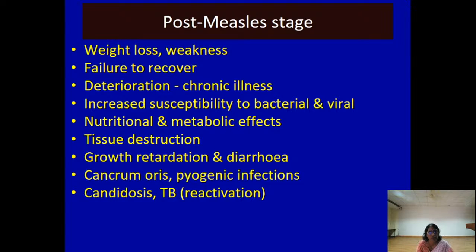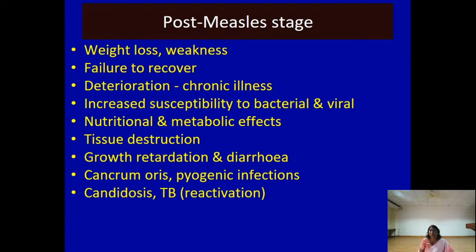Post-measles stage: after the rash disappears and the child is out of the disease, in this stage you see that the child has loss of appetite, loses weight, becomes weak, and there is a failure to recover.